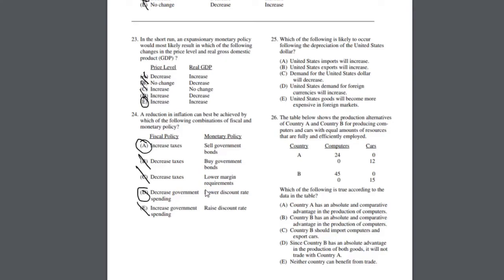Which of the following is likely to occur following the depreciation of the United States dollar? Ooh, foreign exchange. Interesting. So depreciation, that means that the United States currency is relatively cheaper than other currencies. So let's say the US dollar is $1 for every euro, and now a euro is worth $2. So that means that the euro can buy more of the United States currency.